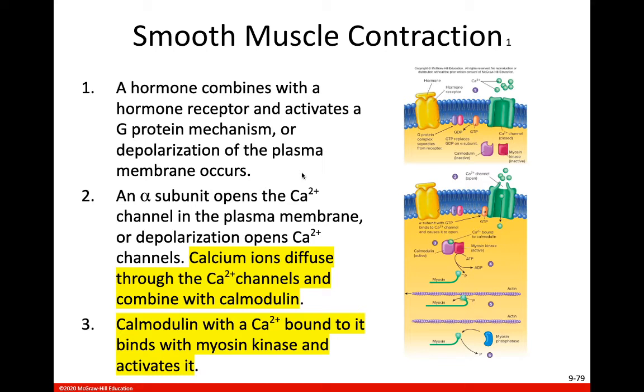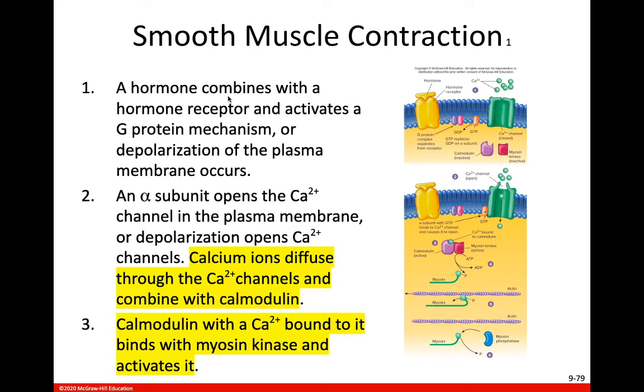But also remember, smooth muscle is not only stimulated by neurotransmitters causing action potentials; hormones can also stimulate and cause action potentials in smooth muscle. That's what this first one was talking about. When a hormone combines with a receptor, this activates a G protein mechanism, which we're not going to talk about right now, but it does involve an alpha subunit.